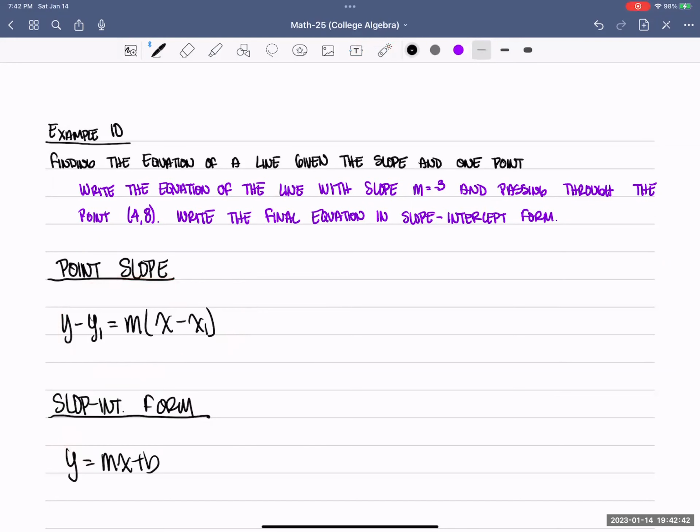So starting off with that equation, y minus y1 is equal to m times x minus x1. So parts that aren't going to change are going to be this y and x. Everything else is going to have an input.